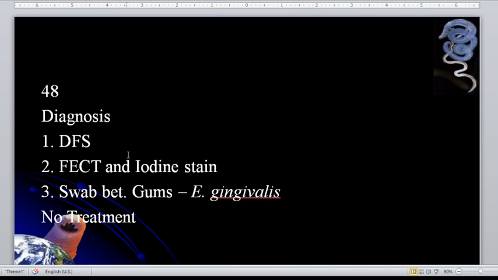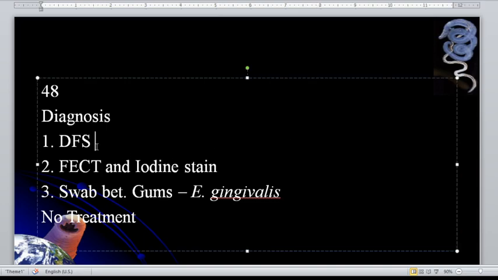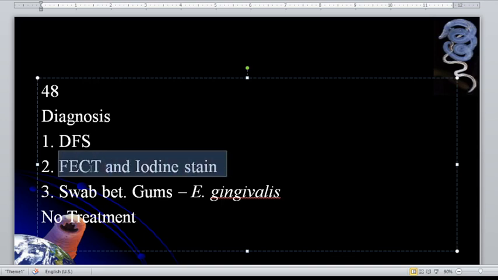Diagnosis for commensal parasites: same, fecal smear, because this is the most common method for determining intestinal parasites. Concentration technique, formalin-ether concentration technique, and the iodine stain. The swab between gums is for Entamoeba gingivalis.